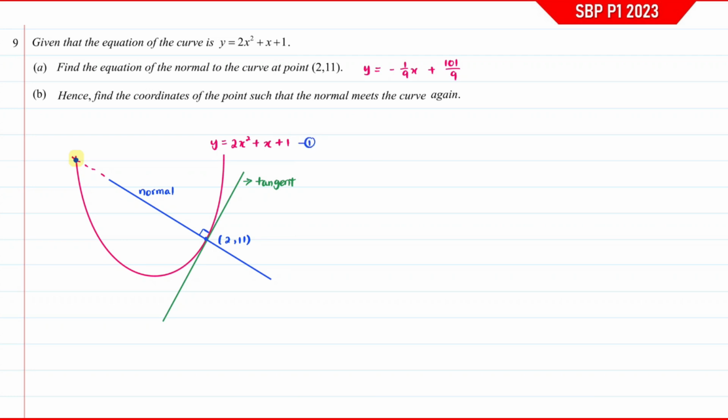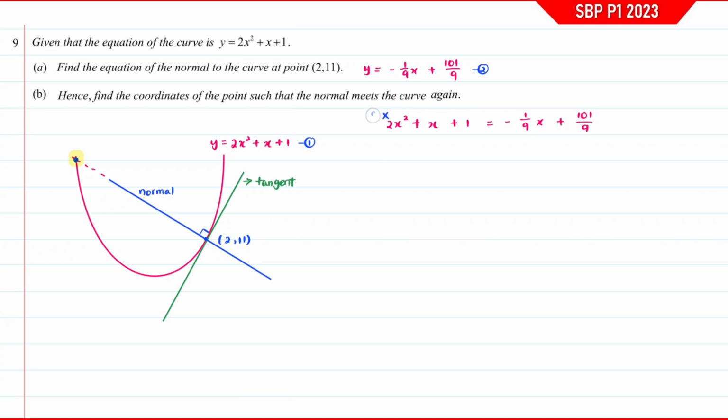So let's say the equation of the curve is equation 1 and the equation of the normal is equation number 2. When you substitute equation 1 into equation 2, it will be 2x squared plus x plus 1 equal to -1/9 x plus 101/9.